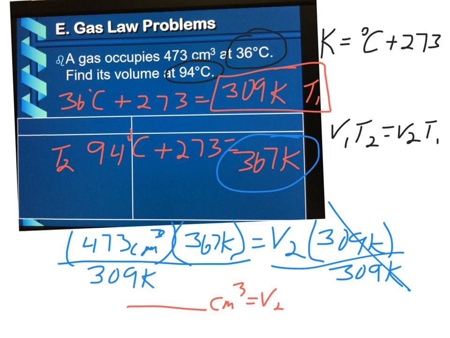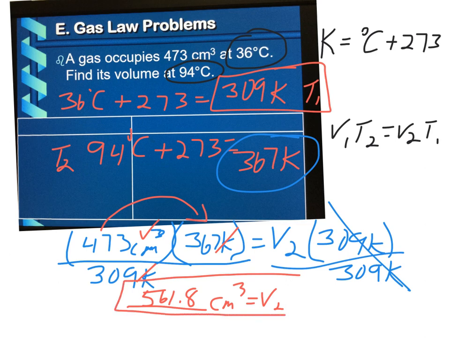So this is going to allow you to cancel the temperature out. All that's going to be left is the volume. So 473 times your 367 equals, you're going to divide by 309. 561 and what? 0.8. Okay, so this is your volume.